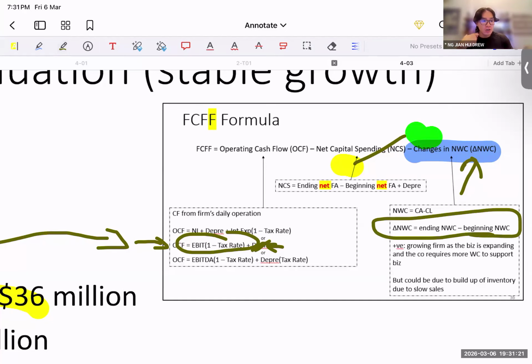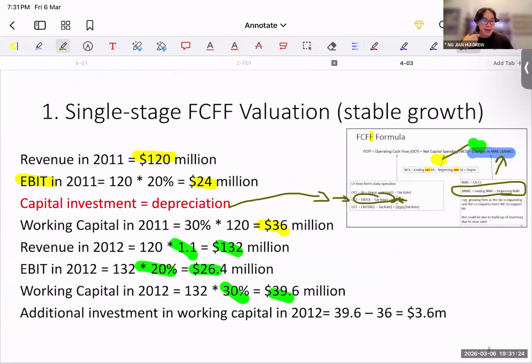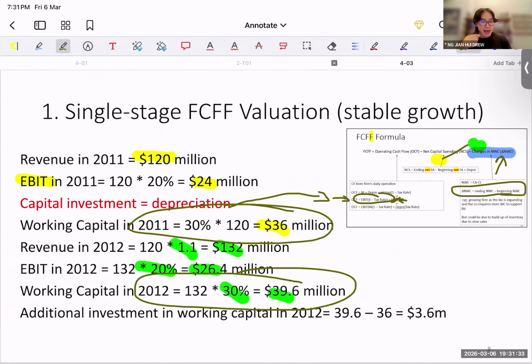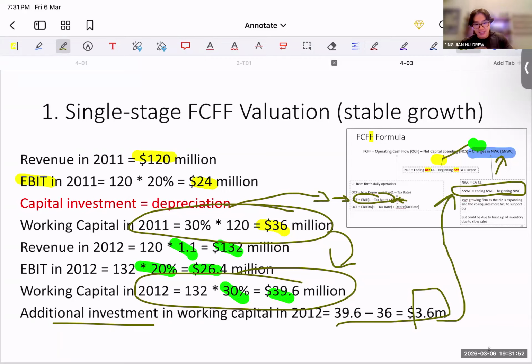That is the reason why we have calculated the working capital for 2011 and for 2012, and we calculate the change. Between here and here, 36 to 39.6, there's a 3.6 million increase in working capital. This 3.6 is actually this value here, which is the change in net working capital.